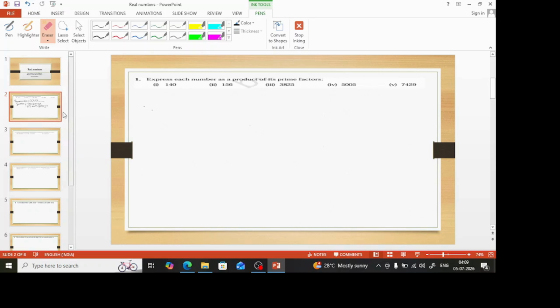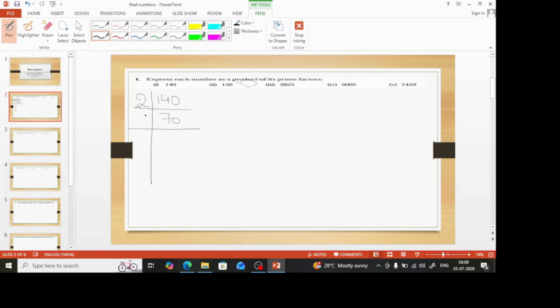Let us come to question number 1, first part. Express 140 as a product of its prime factors. Our first prime number is 2. If we divide 140 by 2, we will get 70.